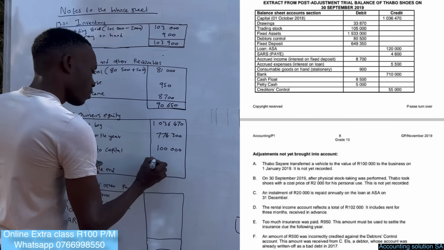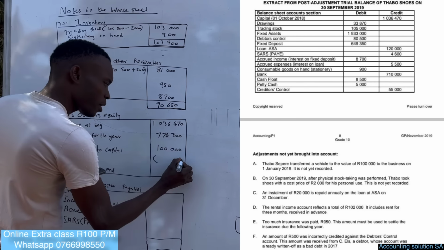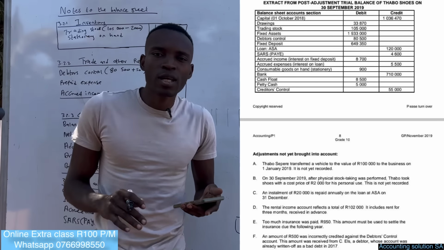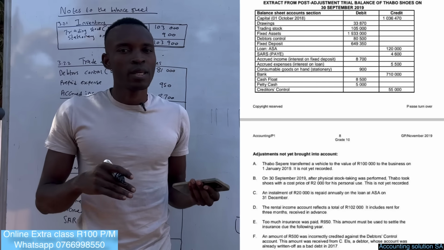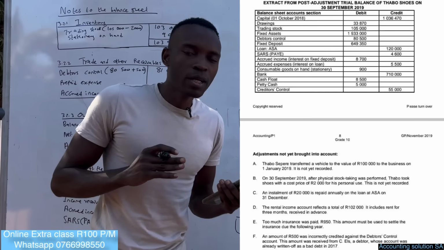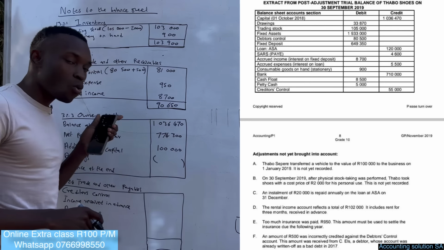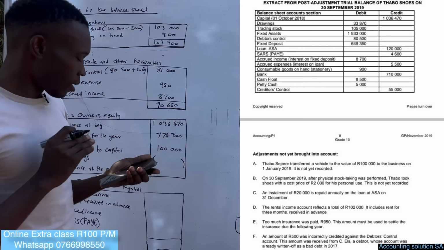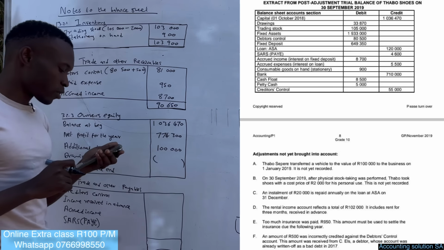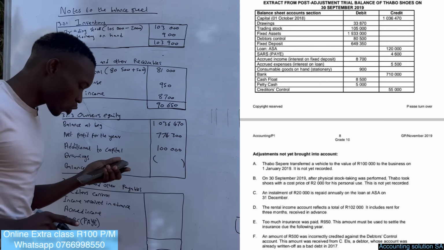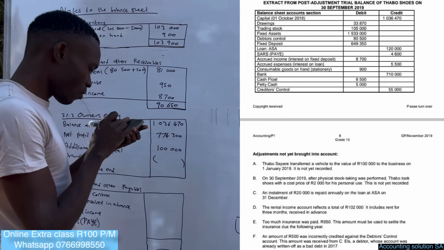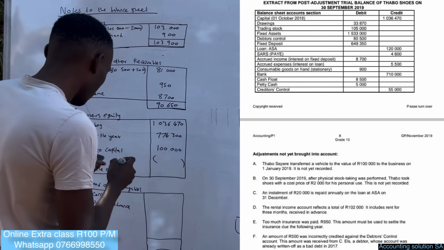It's a plus. If we find drawings, we have to subtract, because drawings do not add value into the business. It subtracts the net worth of the owner. Now let's check if we have drawings. Let's first check on top. We have drawings of 33,870.